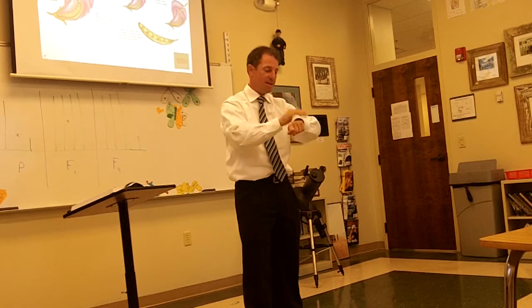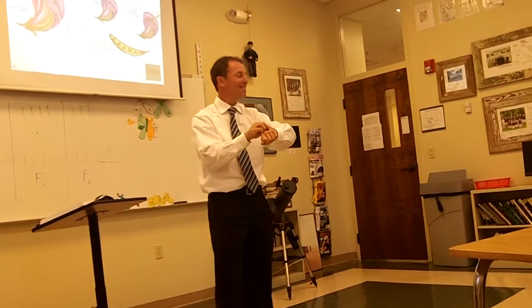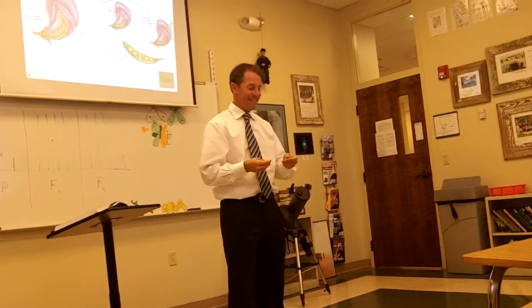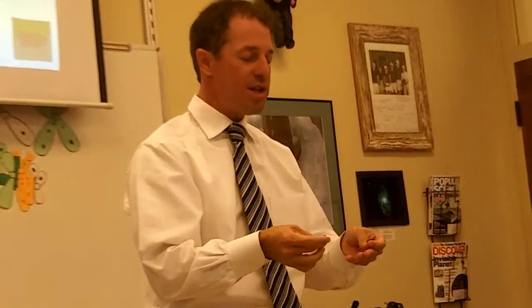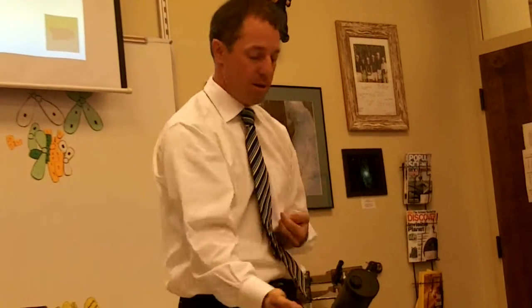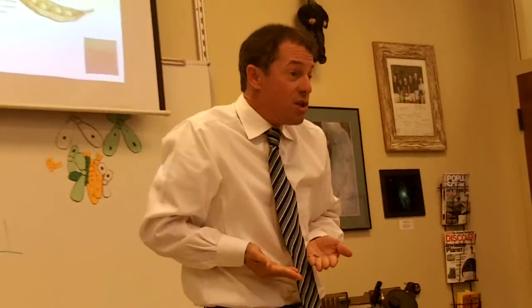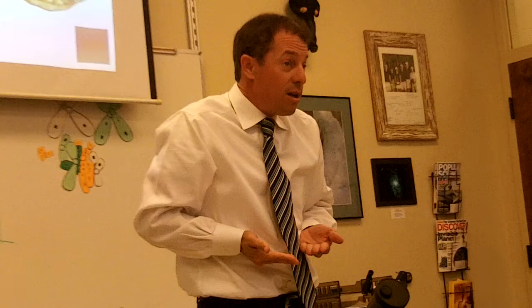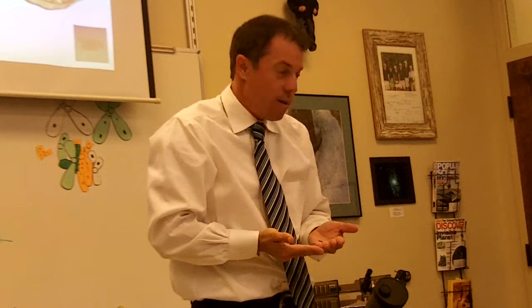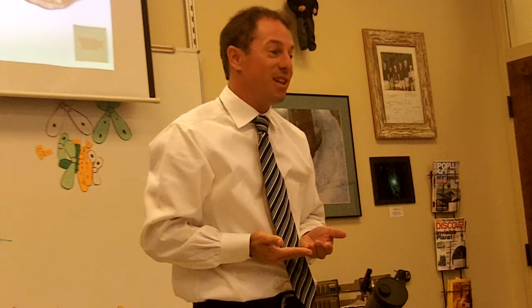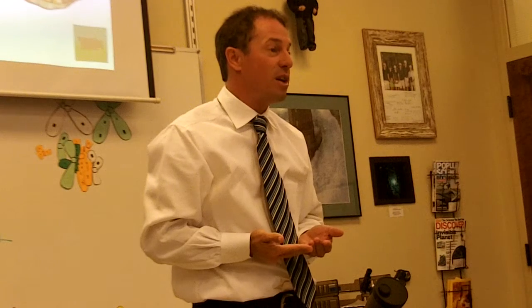Flip it again. See if I get tails. I did. I got tails. 50-50. What's the chance if I flip 2 coins of getting 2 heads? 50-50? 1 in 4, right? It's 25%. It's not 50-50, it's 25%.